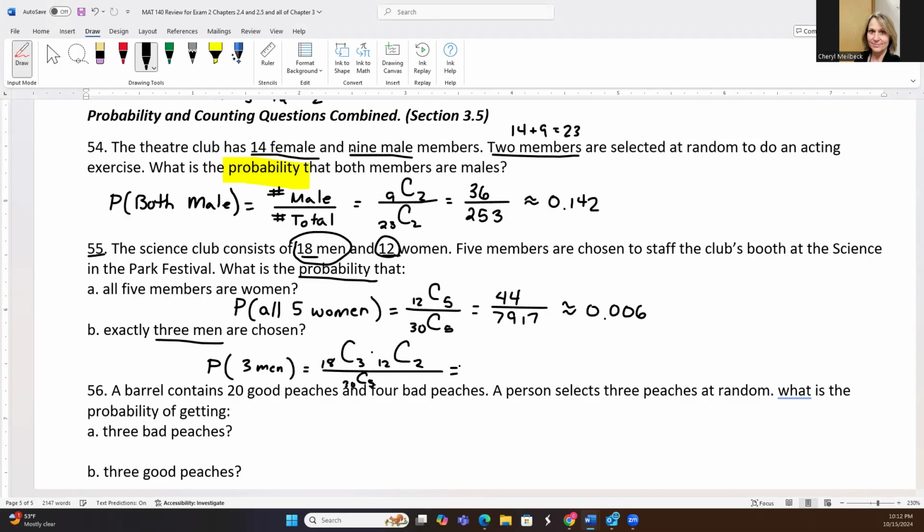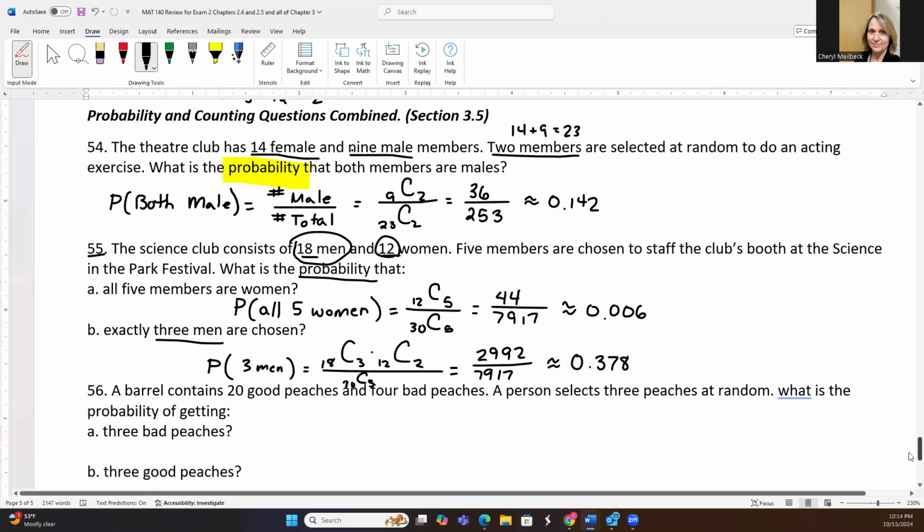Let's see what that gives us. Desmos tells us that would be a reduced fraction of 2992 over 7917, or 0.378. We'd round that to 0.378. Let's look at number 56.